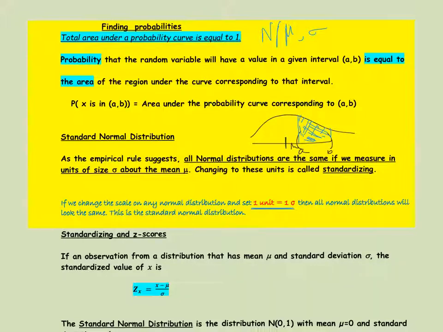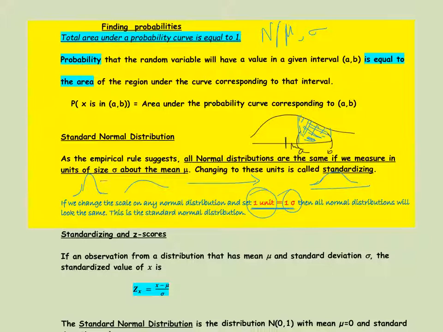So if we take 1 unit to be equal to 1 standard deviation, no matter what the normal distribution looks like, whether it's tall and narrow or it's broad and flat, everything can be converted to what is called the standard normal distribution. And this is called standardizing the units.